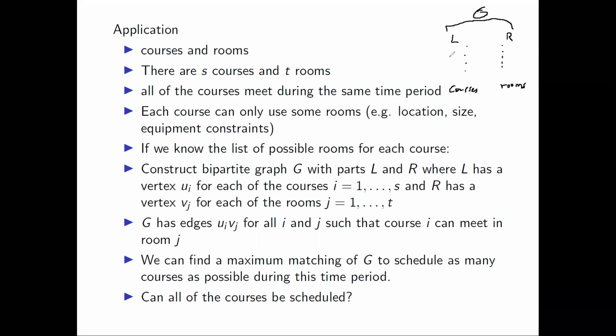So we could start out with an empty matching and then find an augmenting path P, and then replace the matching with the symmetric difference of itself with the path. And then we repeat until we cannot find any more augmenting paths.